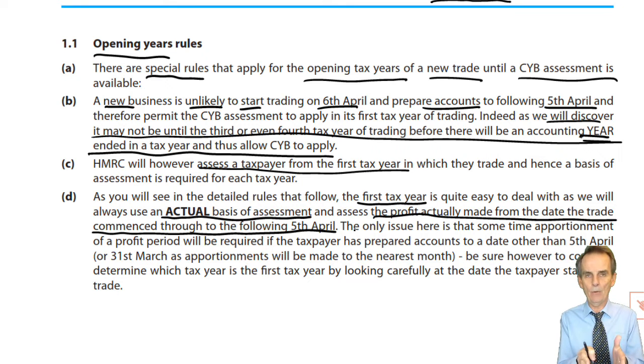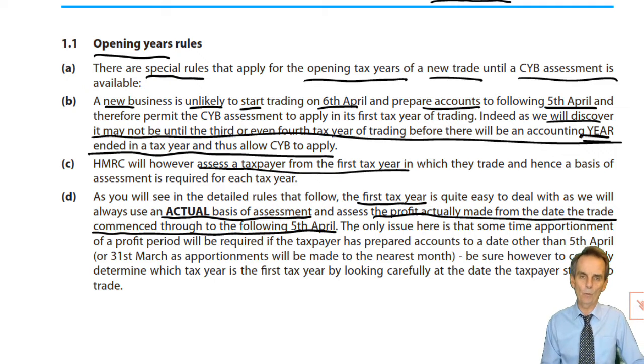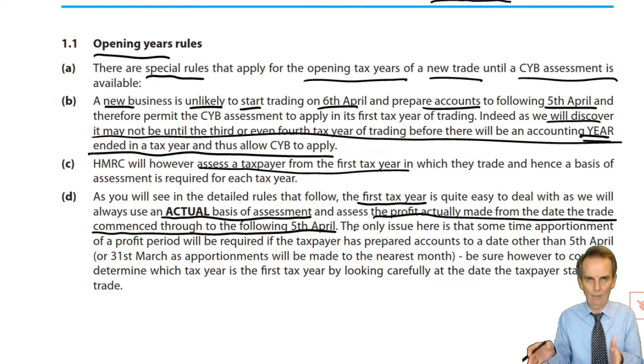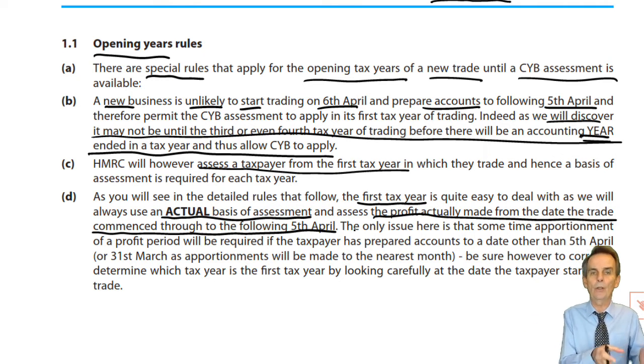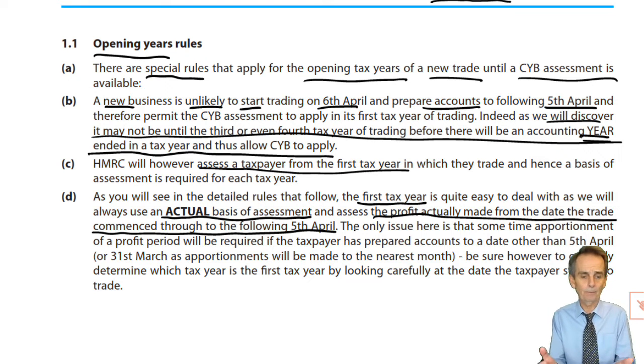The opening period may start in the first tax year and end in the second tax year. Therefore, we have to take a portion. We'll do an apportionment of that opening period: so many months out of however many months of that opening period, what amount of that period falls into the first tax year. An apportionment.